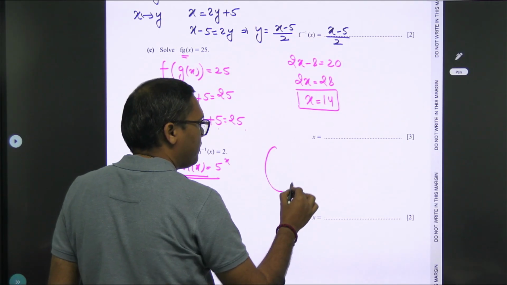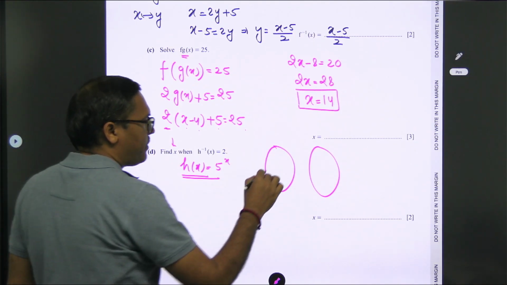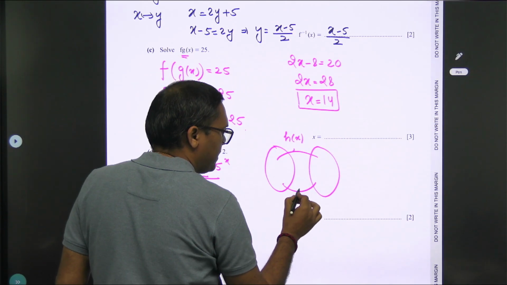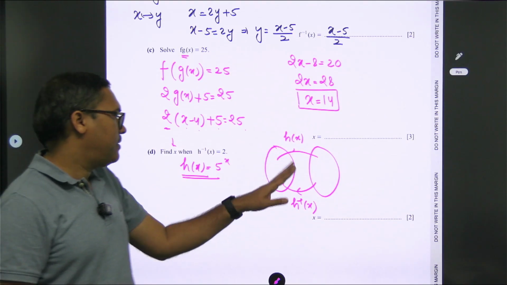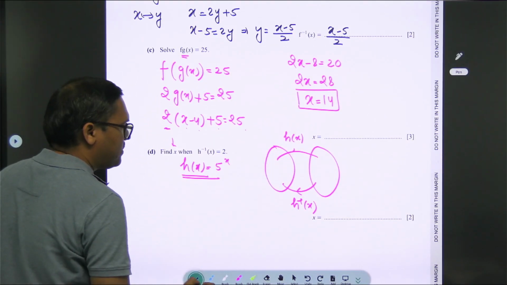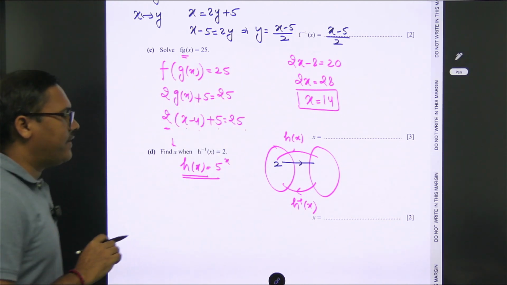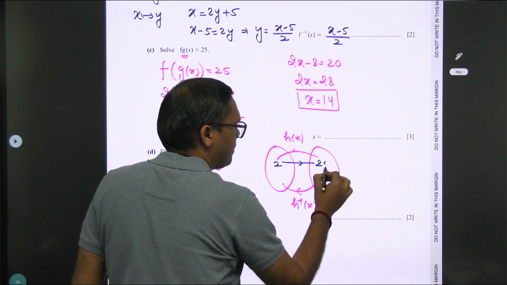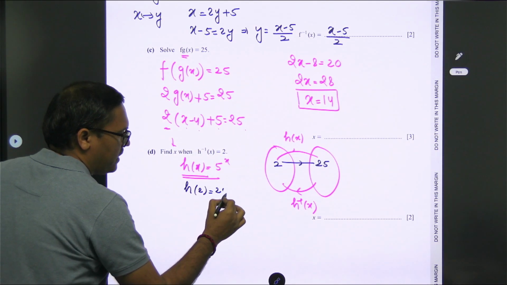What is the concept of inverse? If this is h of x, then this is h inverse x. This is how you define h inverse x. Now, if I take x equal to 2, this will give you 25 because we know h of 2 is equal to 25.